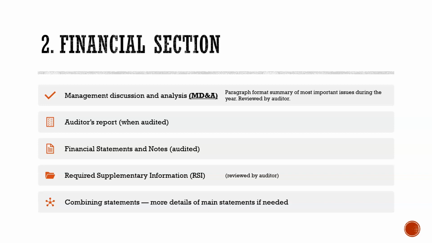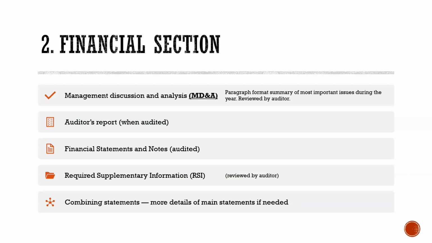So think about your managers, your supervisors, your directors in a for-profit company. Those are going to be what we would refer to in the government as those charged with governance, the ones that have been elected to be accountable and responsible for this information. So it's written in a paragraph, almost like a letter or memo type summary, and they just kind of discuss the things that they felt were the most important things during the year.